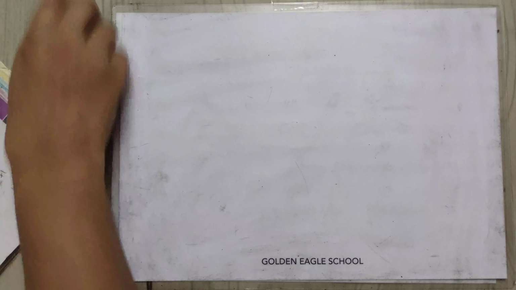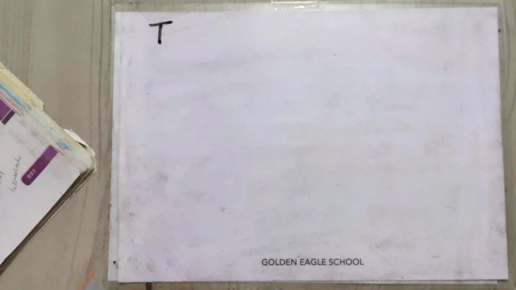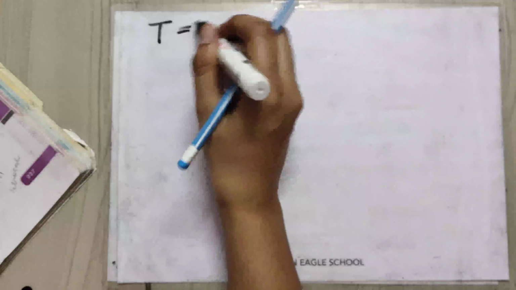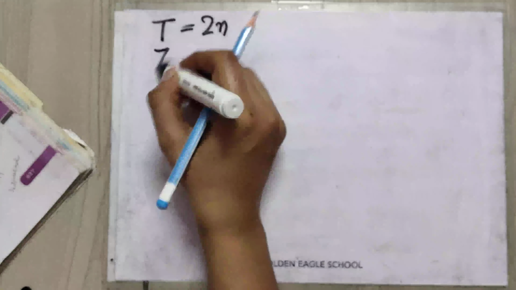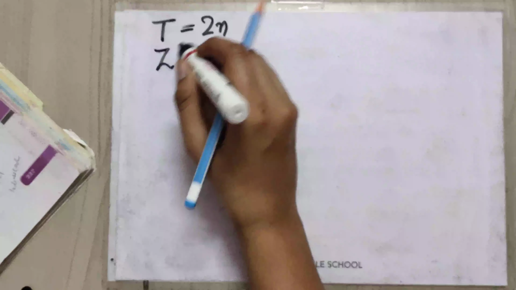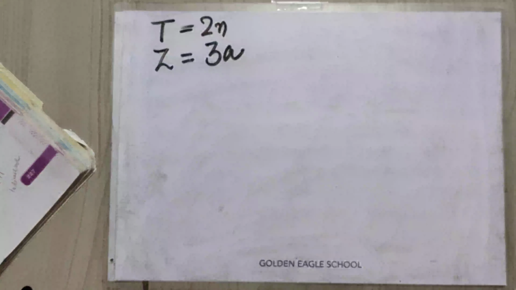So for a pattern of letter T, what is the rule? That will be 2n. Similarly, for the pattern of Z, 1, 2, 3, it is 3n. Similarly, you can do it for E, B, C, D, E, F, G.